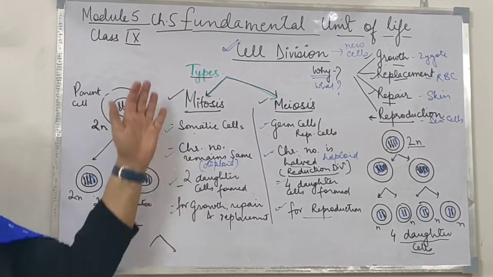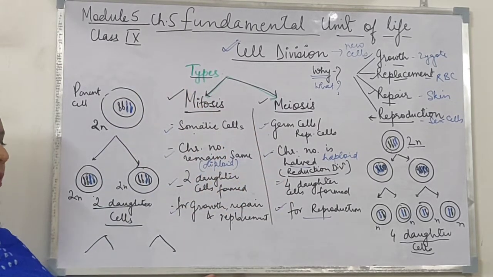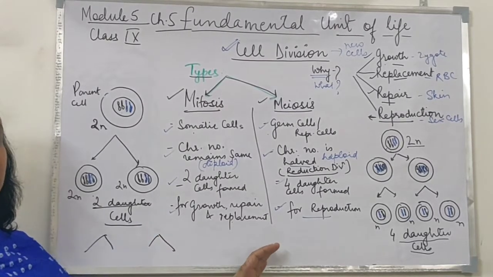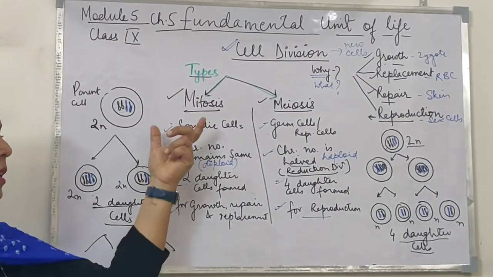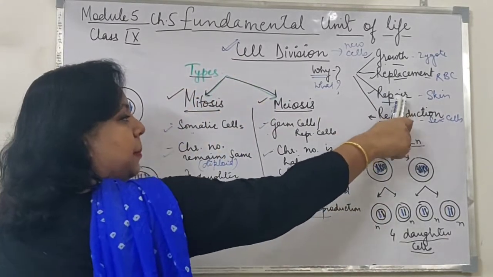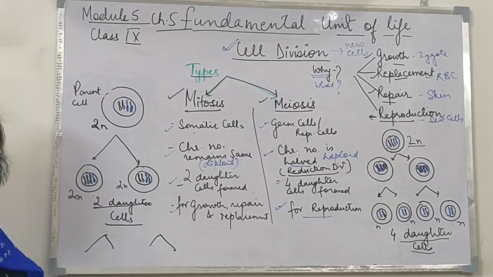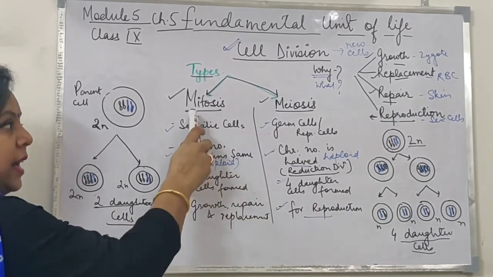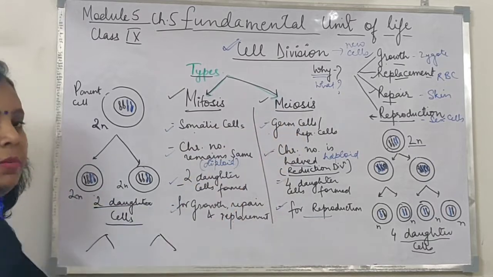So children, this is the cell division that we need to study in our class 9 syllabus. A quick recap. Cell division, why do we need it? For growth, replacement, repair and reproduction. How many types of cell division? There are 2 types, mitosis and meiosis.